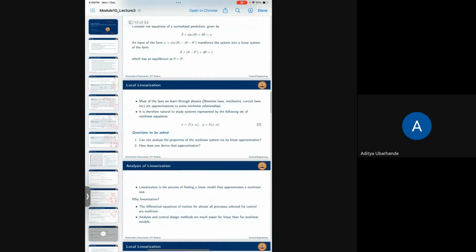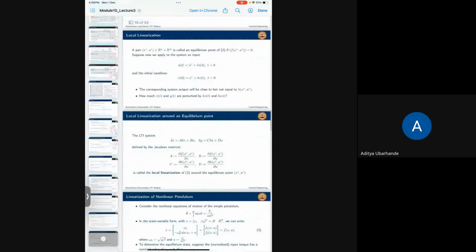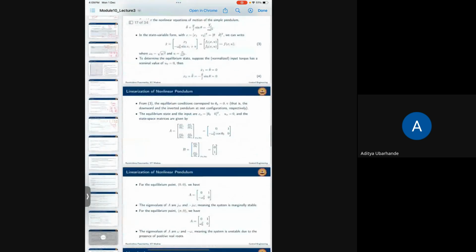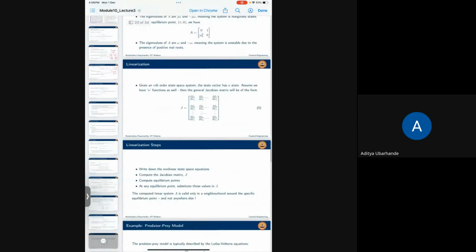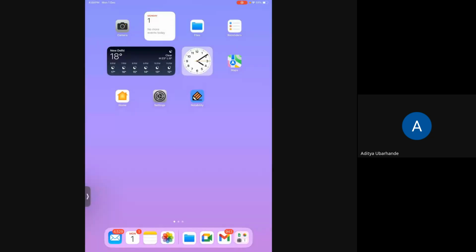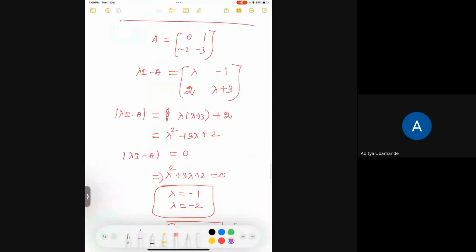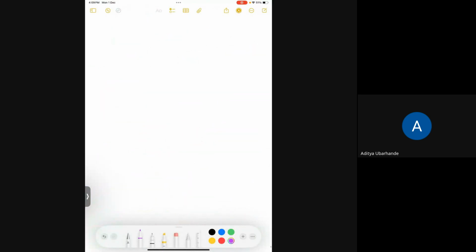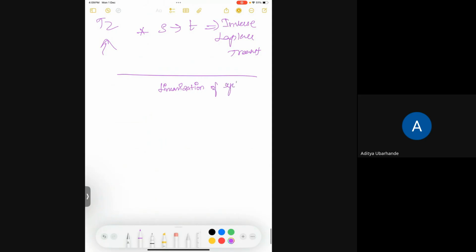Linearization and analysis of equilibrium points using some examples. Okay, done. The next concept is linearization of systems. This is in module 3.